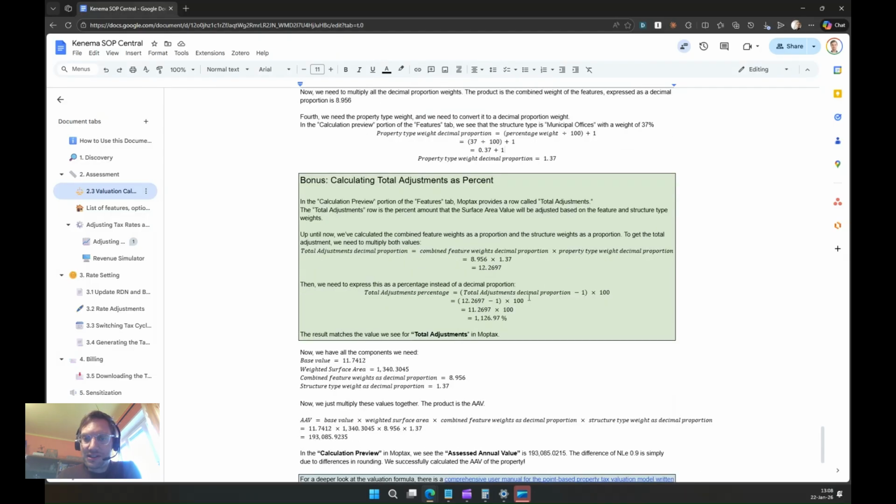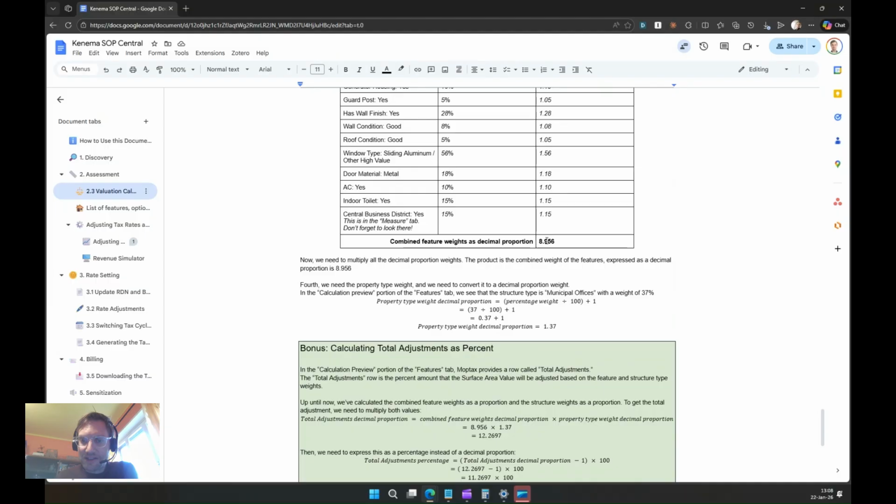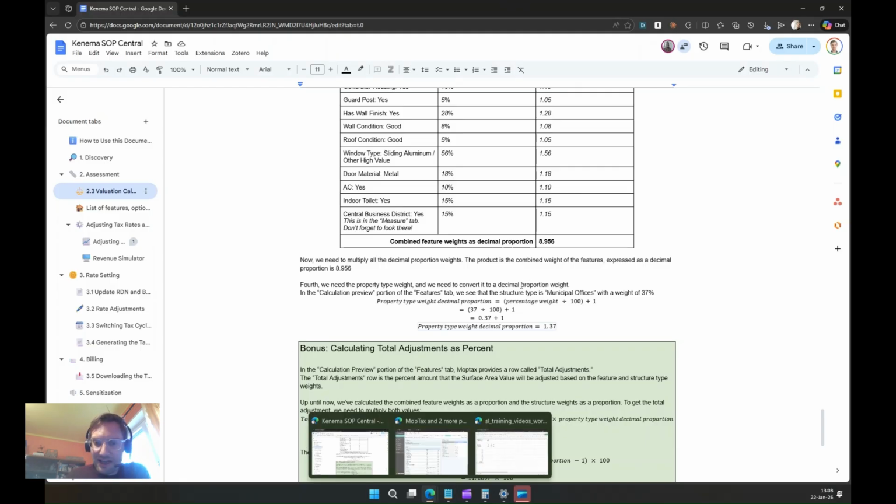Now, at this point we have the combined weights from the features, and we have the weight from the property type. MobTax doesn't give you these separately. What MobTax does is it combines them together, and I'll show you how to get there.